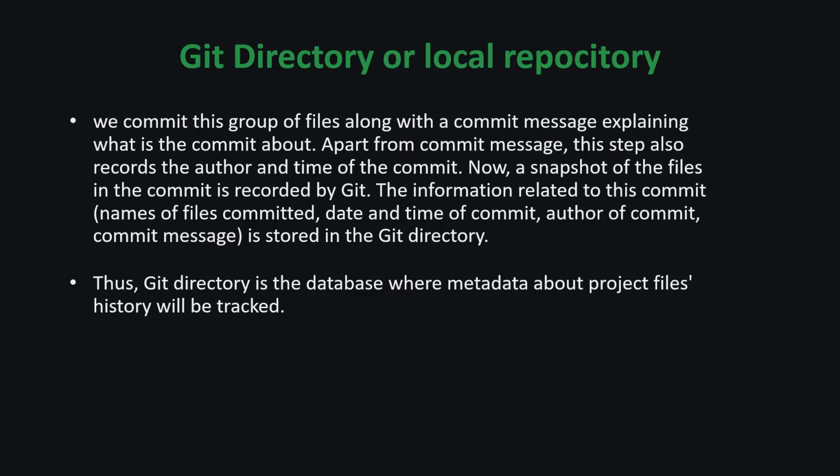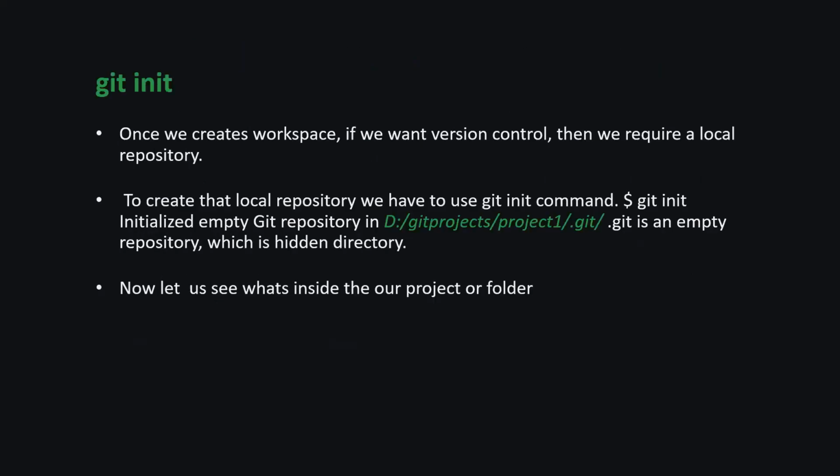A snapshot of the files in the commit is recorded by Git. This information related to the commit, names of files committed, date and time of commit, and commit messages is stored in the Git directory. Thus, the Git directory is a database where metadata about the project files' history is tracked.